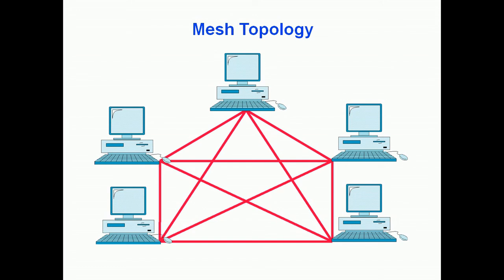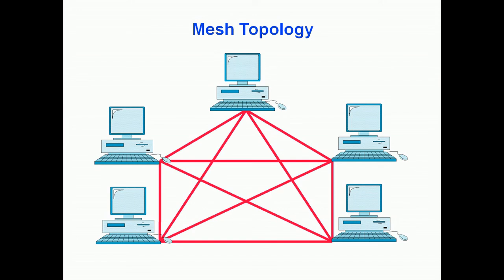So this type of topology is very costly, because if there are n devices in the network, every device requires n-1 input-output ports. So much cabling is required, but one biggest advantage of mesh topology is the privacy. No third party is sharing the communication channel.